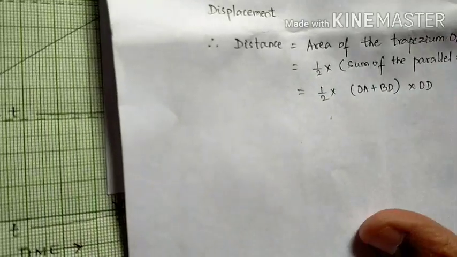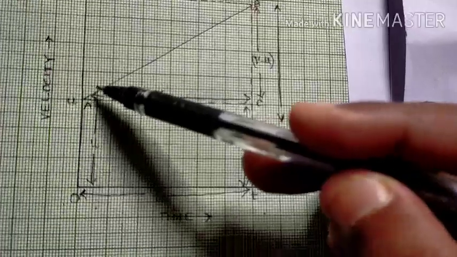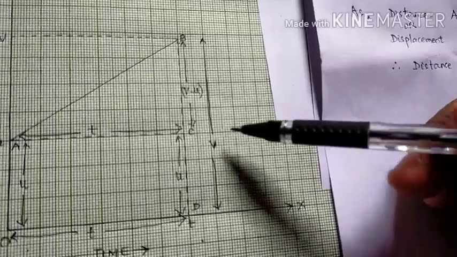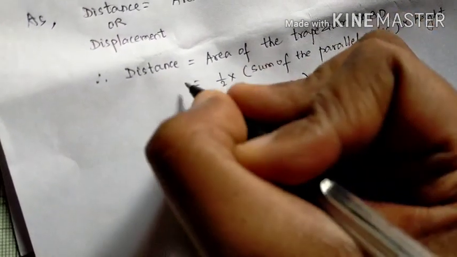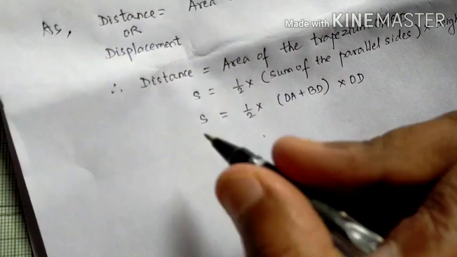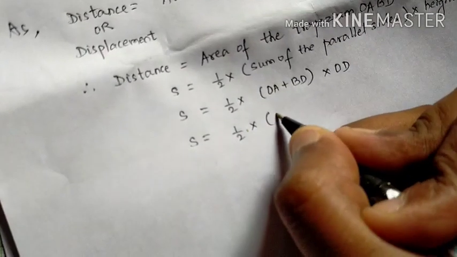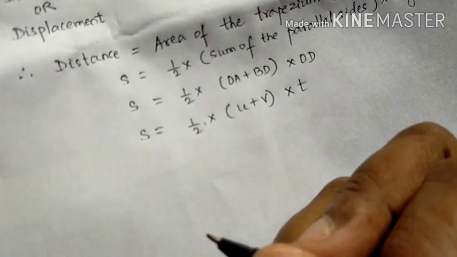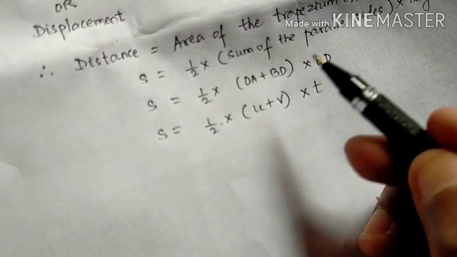Now OA is equal to U and BD is equal to V, and then OD is equal to T. Let's write down S for distance. So S is equal to half into U plus V into T. So this equation is obtained after substituting the values.